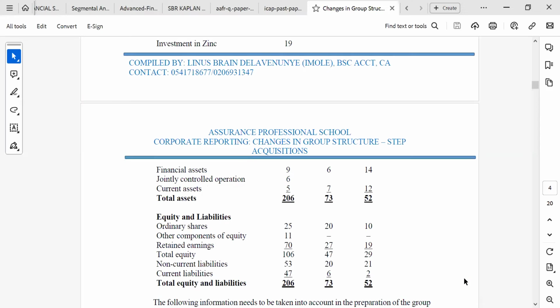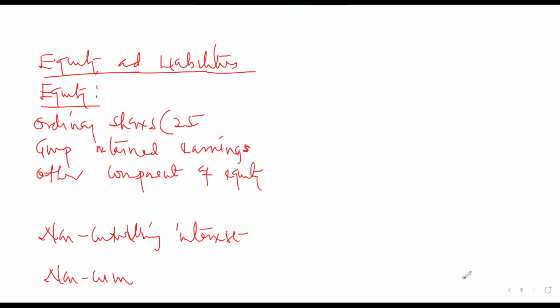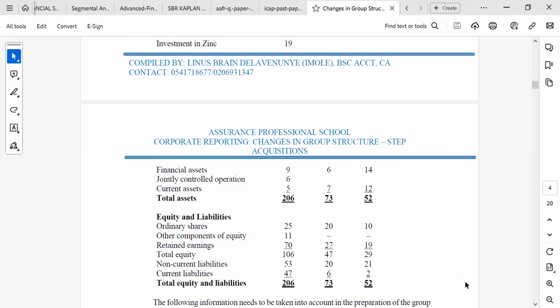So we have non-current liabilities. What is the amount for the non-current liabilities, the first two companies? 53 and 20.